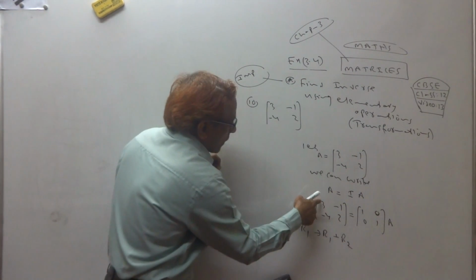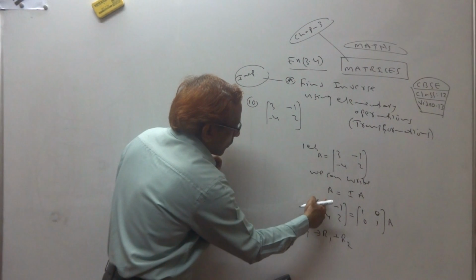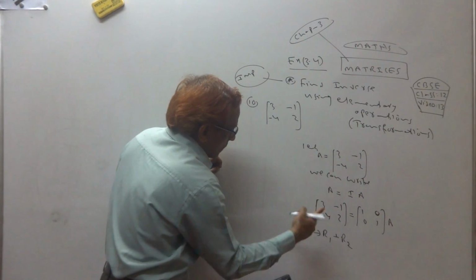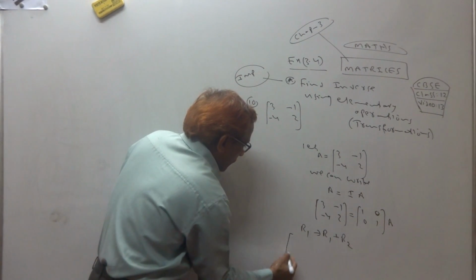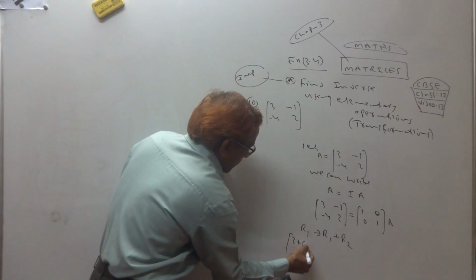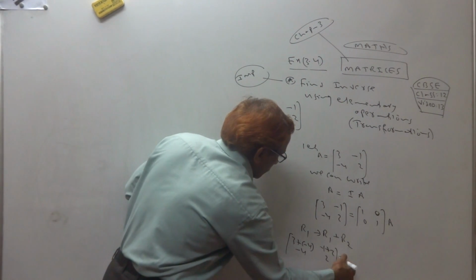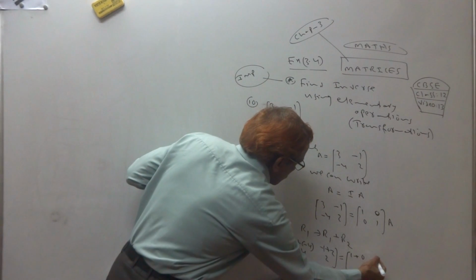No problem. R1 plus R2: 3 plus minus 4 gives minus 1, and minus 1 plus 2 is 1, 1 plus 0, 0 plus 1.